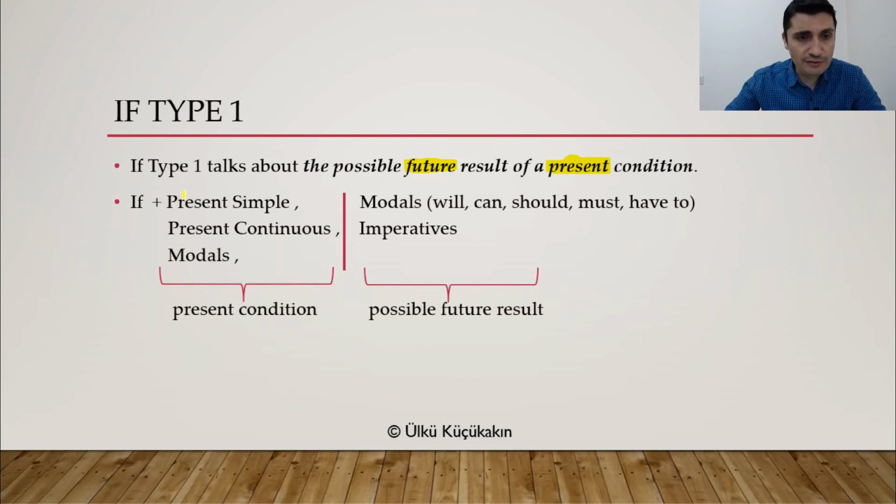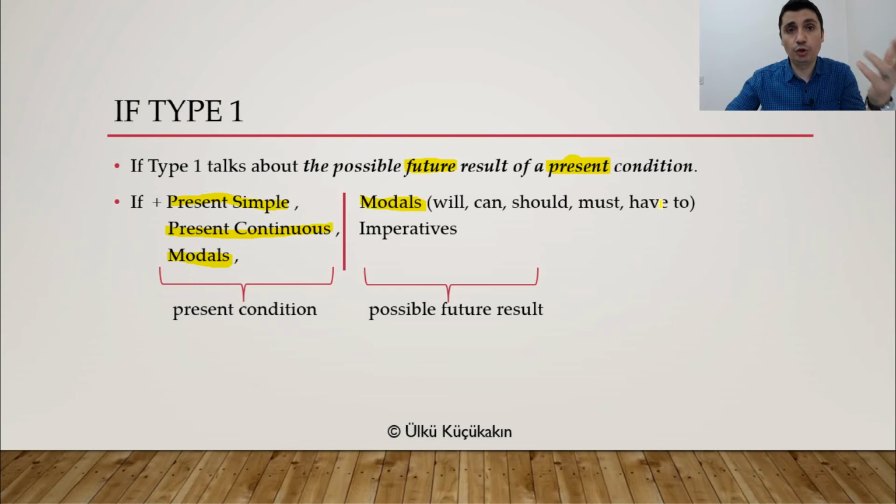So first the structure. As you can see, with if, you usually have simple present and present continuous. Sometimes, only sometimes, you can have a modal verb with if as well. But in your main clause, you usually have modals: will, can, should, must, have to.